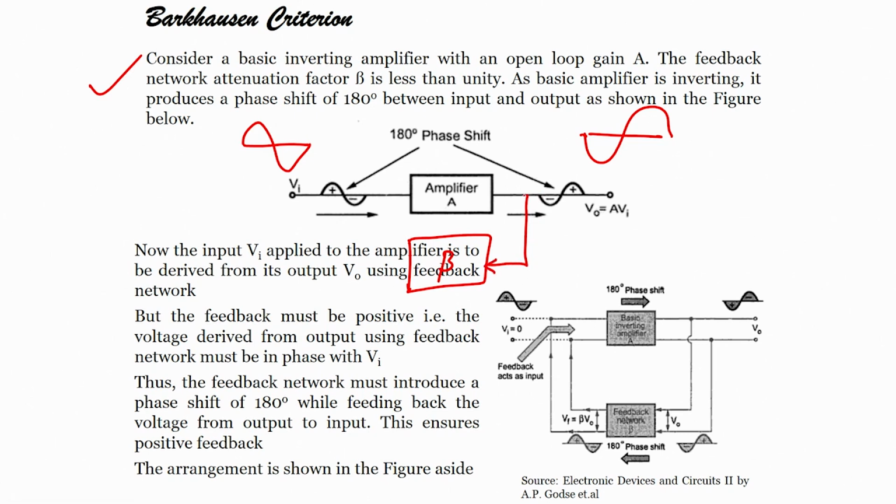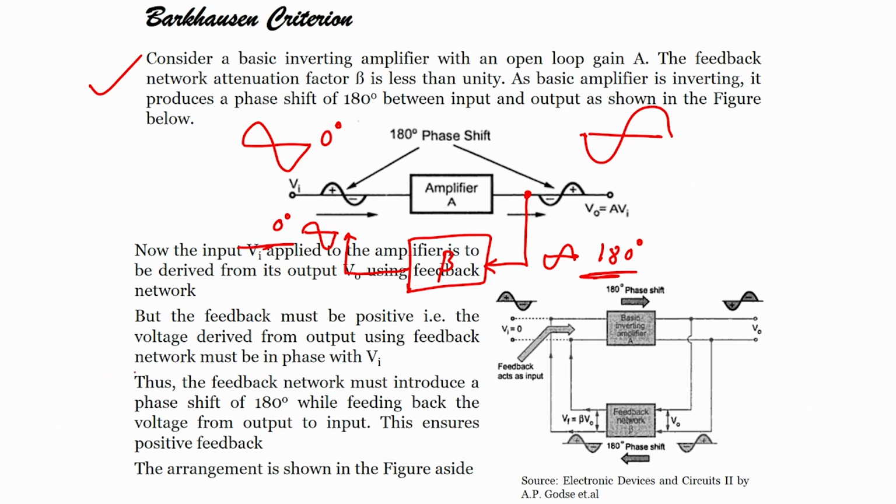So, part of the output looks like this. Now, this is 180 degrees out of phase compared to the input, but we know that the part of the signal provided back to the input should be in phase. That means my feedback provided back to the input should be 0 degrees, but here it is 180 degrees.